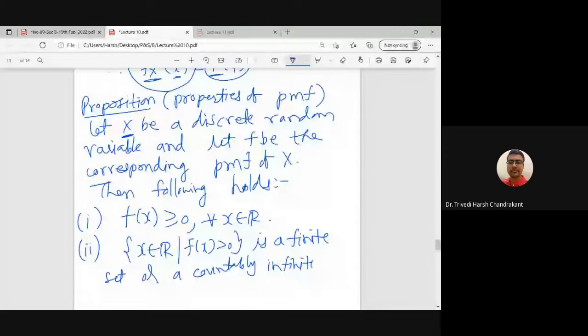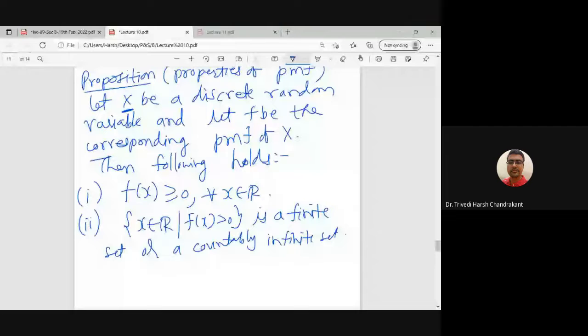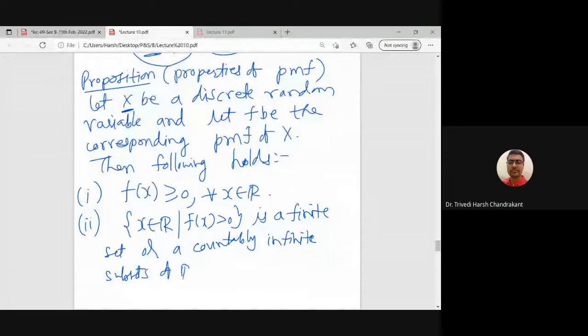Countably infinite set means essentially sequences which are in one-to-one correspondence with the natural numbers. And the third property is that the total probability is 1.